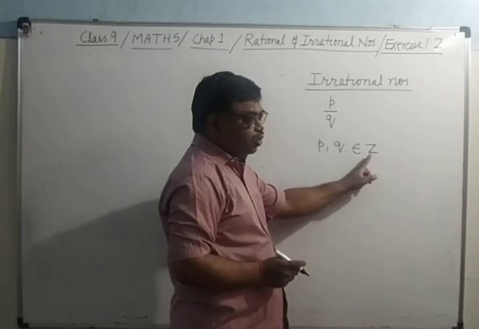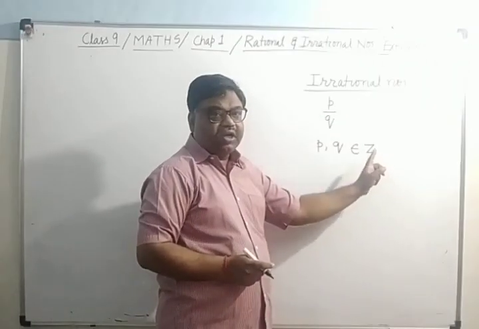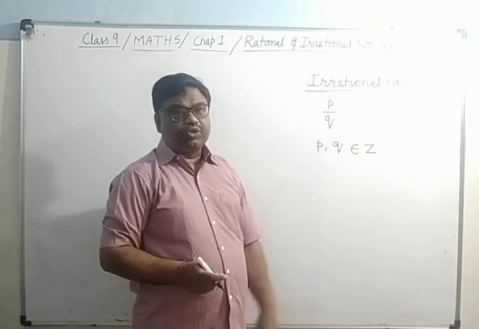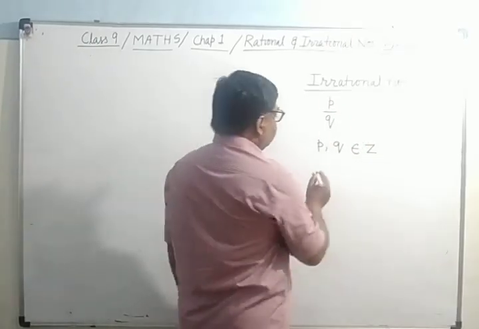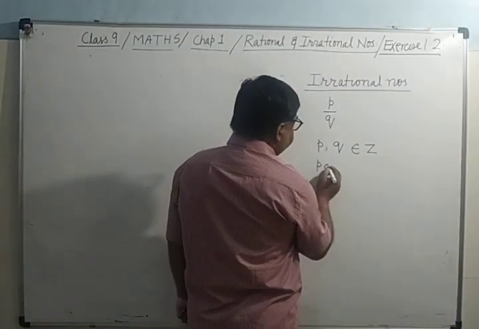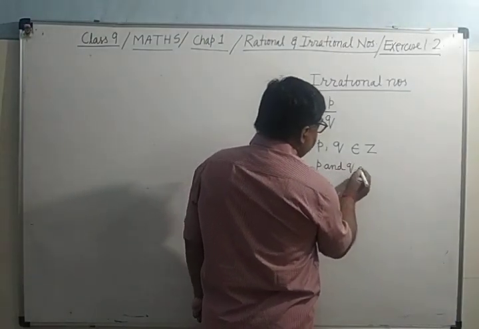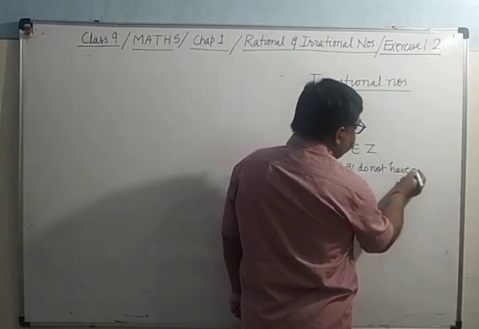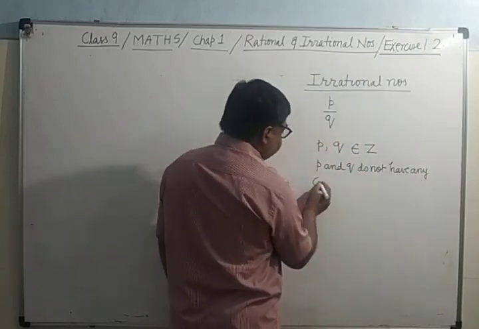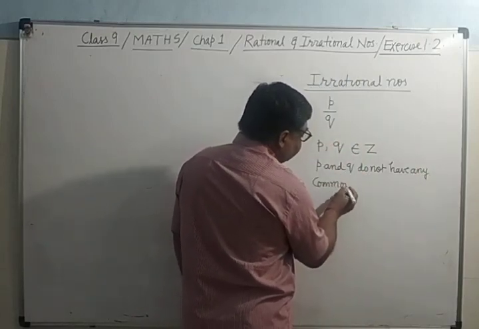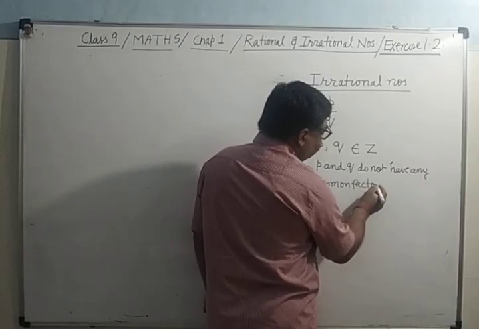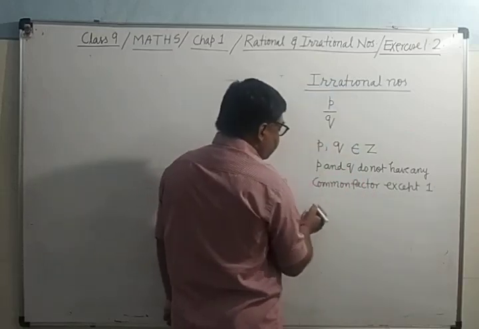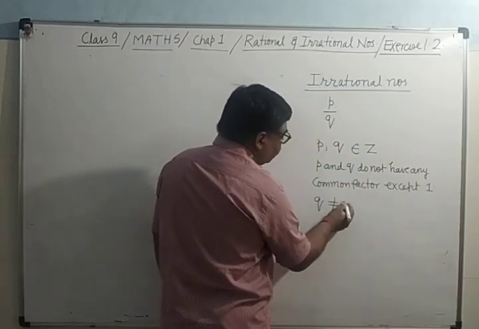Integers means natural numbers, negative of natural numbers and zero. p and q do not have any common factor except one, and q is not equal to 0.